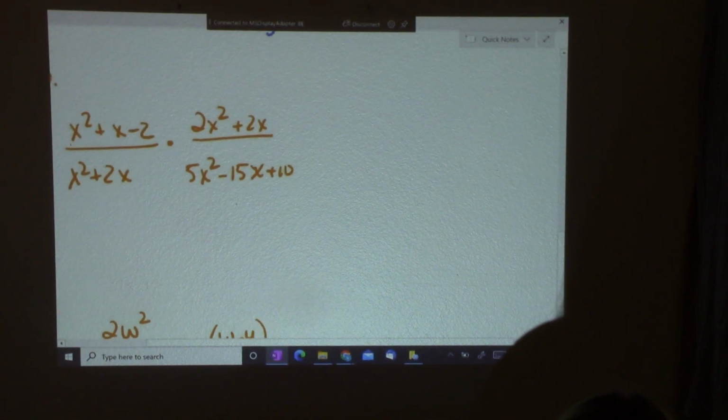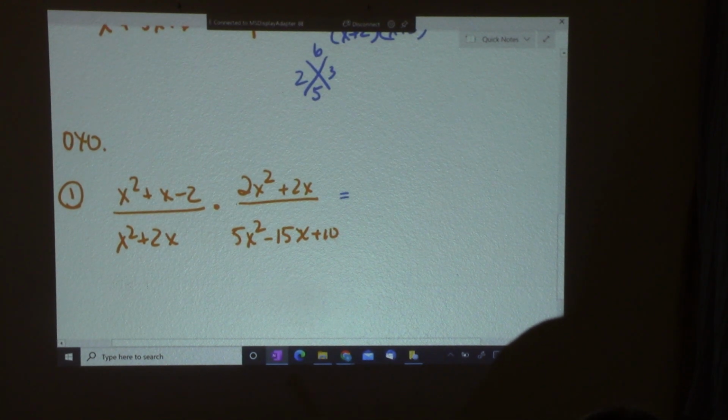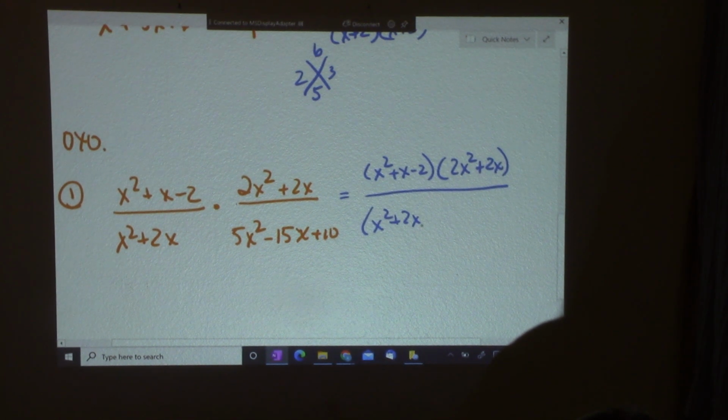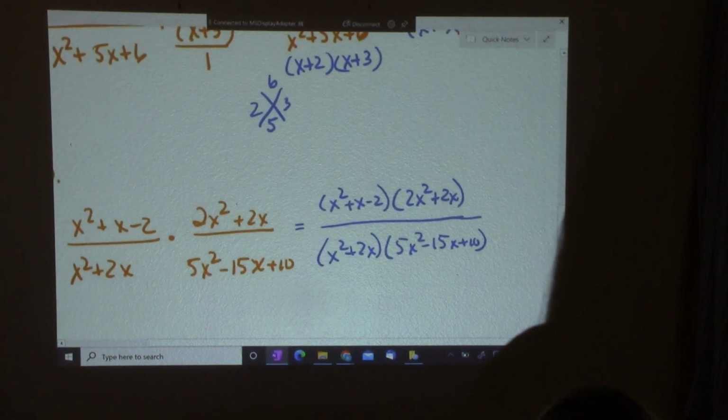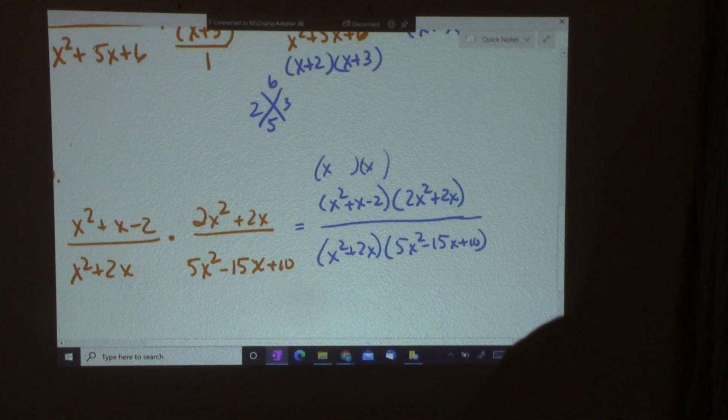All right, so we're back. Now I'm going to rewrite these over here next to each other. Okay, now I'm going to factor everything. So this is going to factor into, let's see, x, x minus 1 and plus 2.